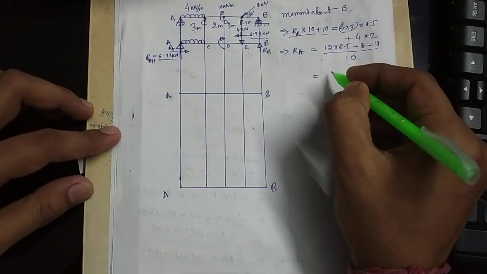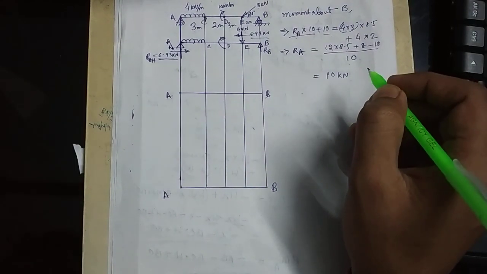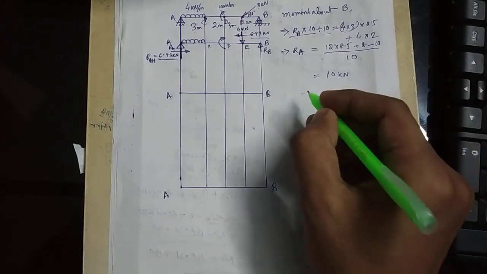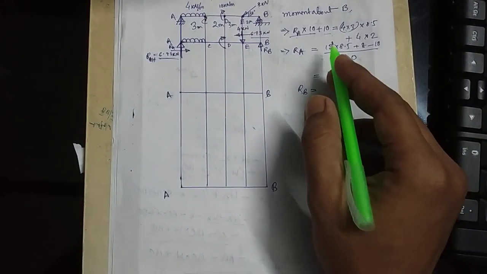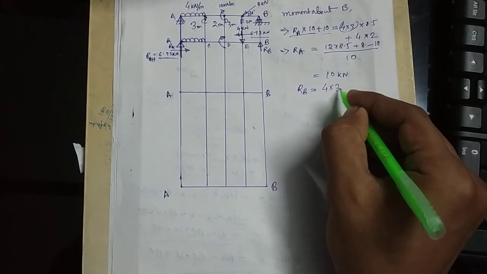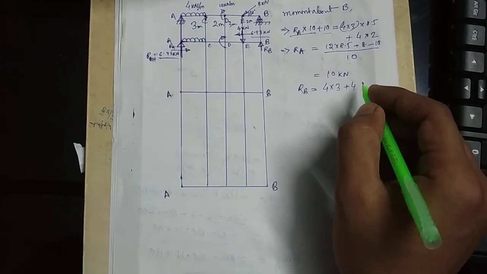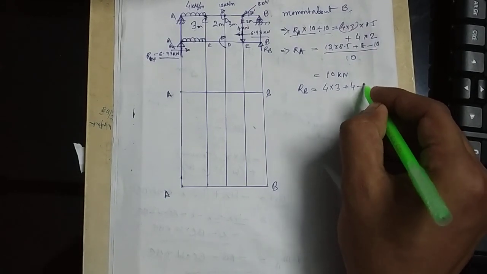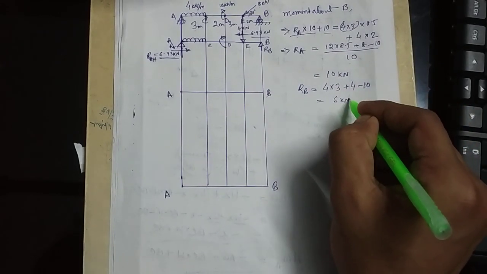By calculation, RA is 10 kN. Then of course RB is equal to the total downward loads, 4 into 3 plus 4, minus the upward load 10, so this will be 6 kN.